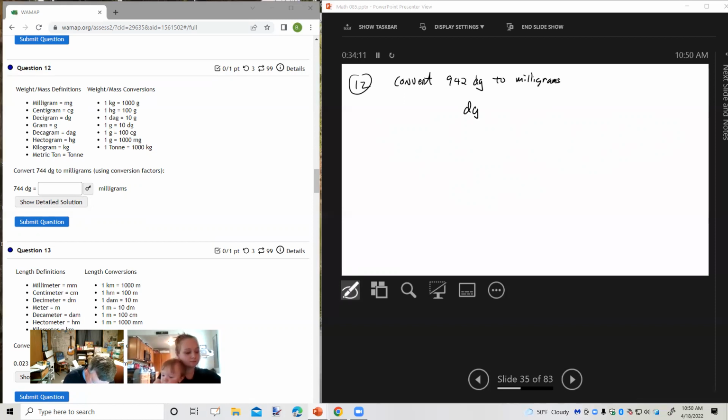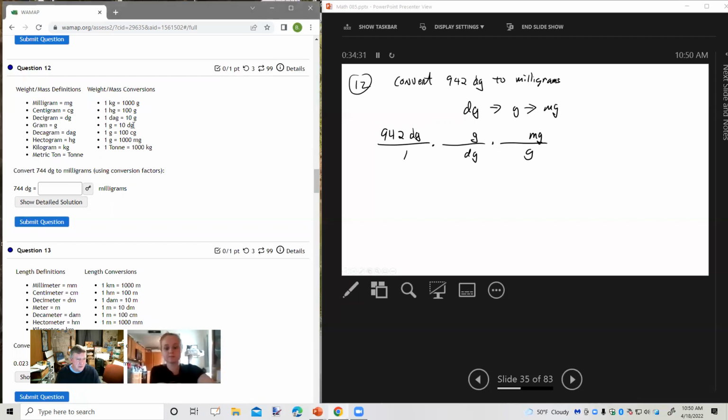So we're going to go from decigrams to grams to milligrams. Okay. So 942 decigrams, decigrams to grams, grams to milligrams. Grams and decigrams. 1 gram is 10 decigrams.